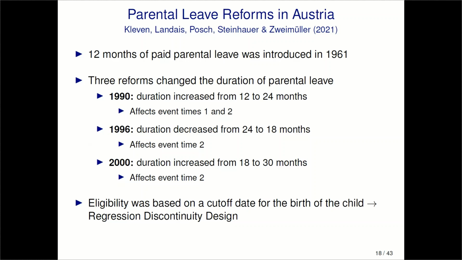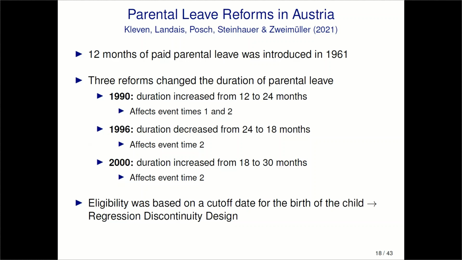And by that same logic, when you then decrease it from 24 to 18, you're now treating event time 2. And then when you increase it again, you're treating event time 2 again, but in the opposite direction. There are going to be some people at the tails as well. This is just based on the average, sort of a representative agent thinking. But for the most part, this is where you expect to see the effects of these event times.